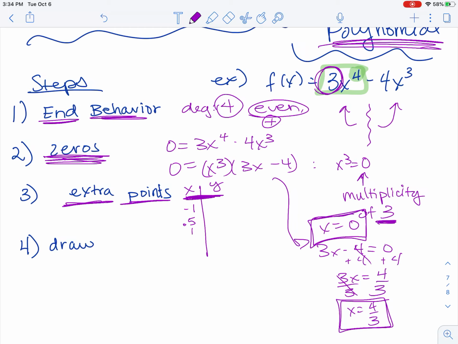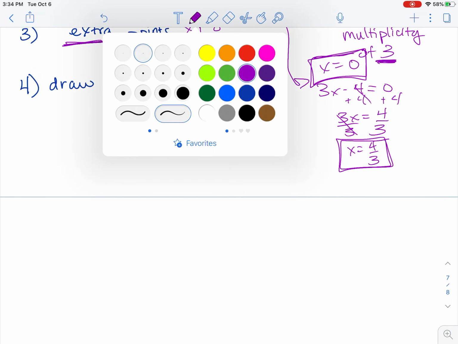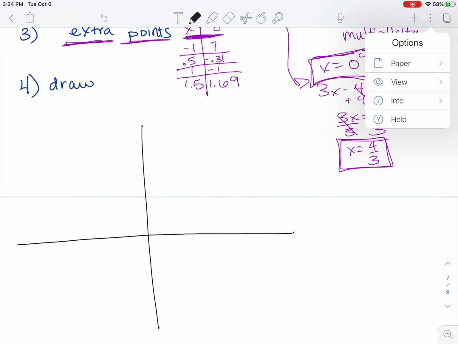We'll do 1 because 0 isn't helpful here because we already know the zeros. And we'll try 1.5. And if I plug those in the calculator, we're going to get 7, -0.31, which is fine, we're just graphing, -1, and 1.69. And then we're going to put all that information together, and we're going to draw it out.